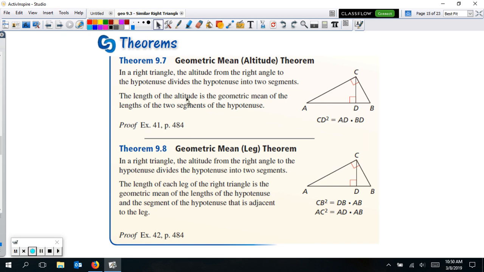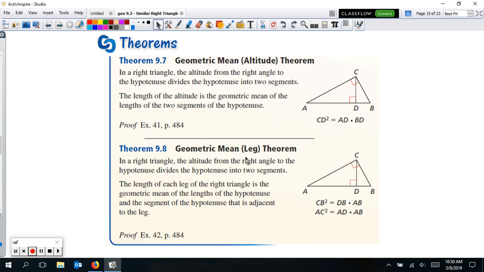So the length of the altitude is the geometric mean of the lengths of the two segments of the hypotenuse. Now remember, this would be like your x squared equals these two times each other. Or you could think of it as this altitude would be the square root of these two times each other. Okay, that would be our geometric mean again.